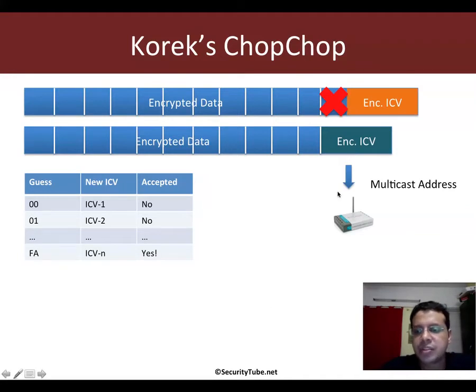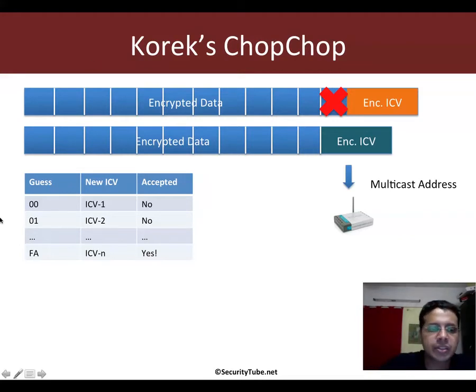In which case the access point would accept that packet, decrypt it, encrypt it again and send it out to the multicast address. Using the MAC address bytes of the multicast address and other interesting things, KoreK can easily identify whether the packet he sent out with the chopped byte was actually relayed or not.